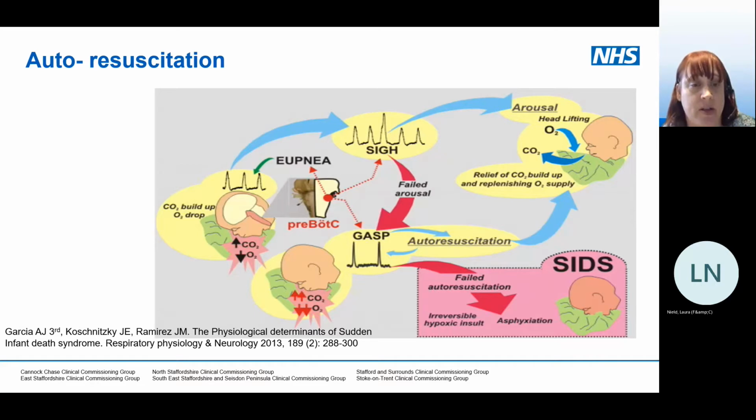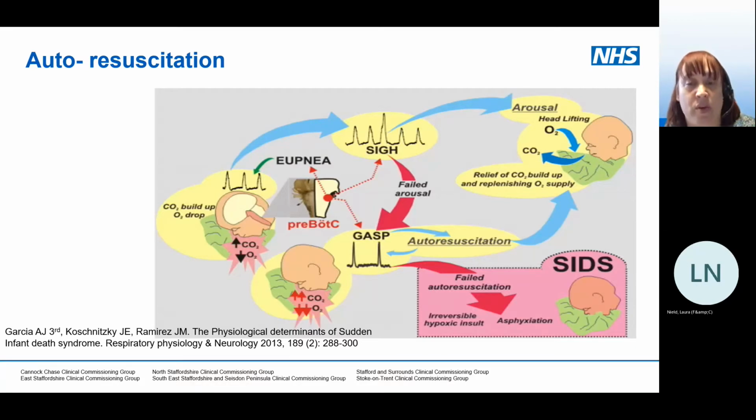If we start off to the far left of the picture, you've got the baby there who's been sleeping, breathing normally, has a pause in breathing, so the oxygen levels drop, the carbon dioxide levels build up. So the normal response is that they sigh, they gasp, they arouse slightly, they lift their head, they breathe in oxygen, they breathe out carbon dioxide, and we return to the normal breathing pattern.